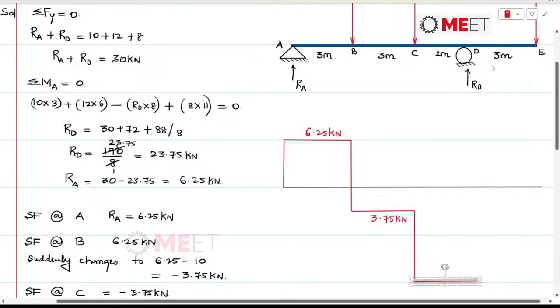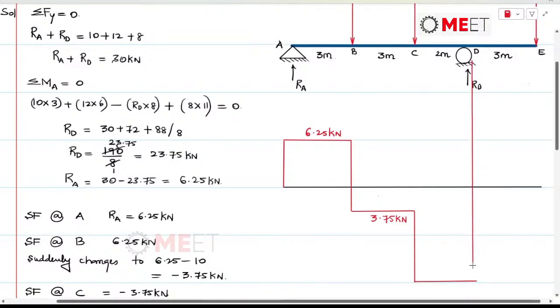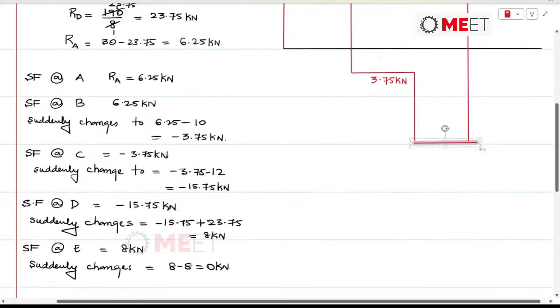And let me just extend this support line so that the shear force is streamlined exactly. And this increases to 8 kilonewtons at D because of the reaction RD. It increases to 8 kilonewtons.